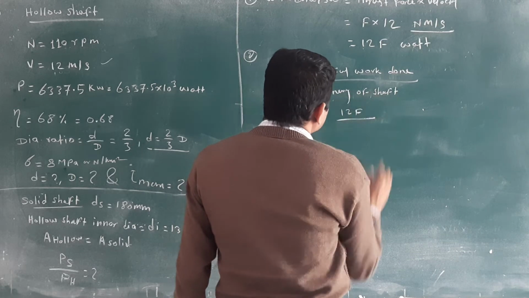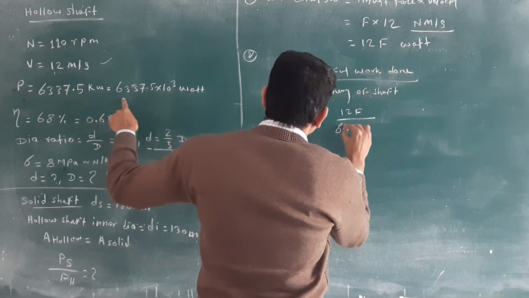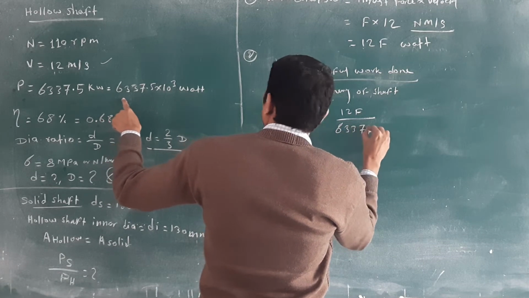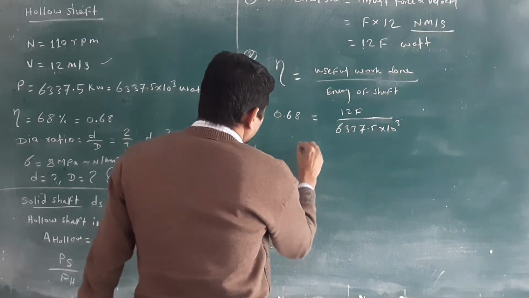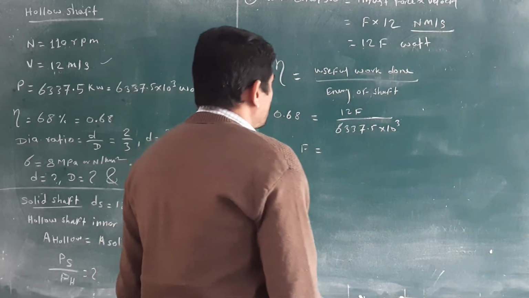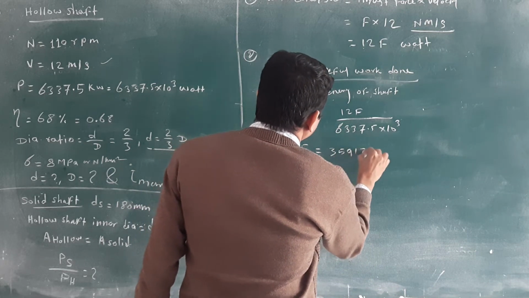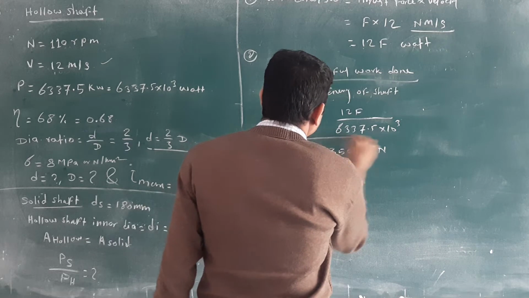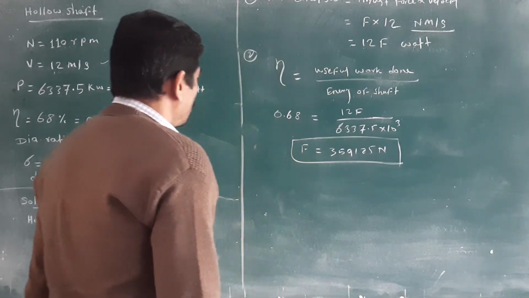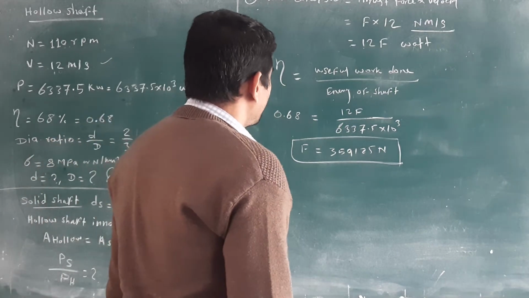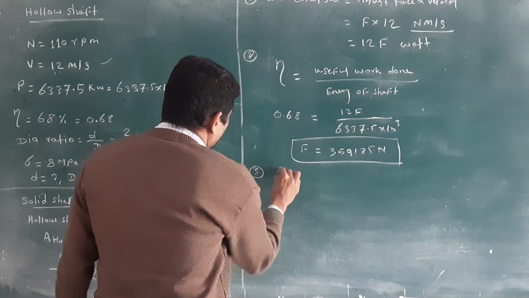Then what is the energy of the shaft? Energy means power is given. Check that this power, 6337.5 into 10 raised to 3. Then you will get the value of F. What is the force? This force you will get, 359125 Newton. Check that. Okay. Calculate. Then you will get 359125 Newton.